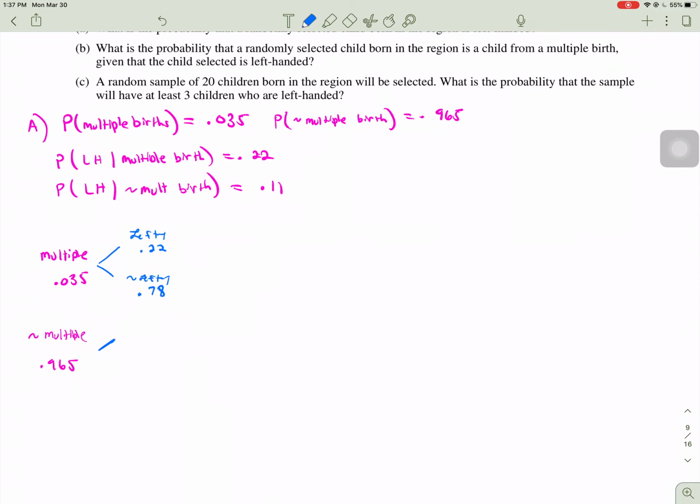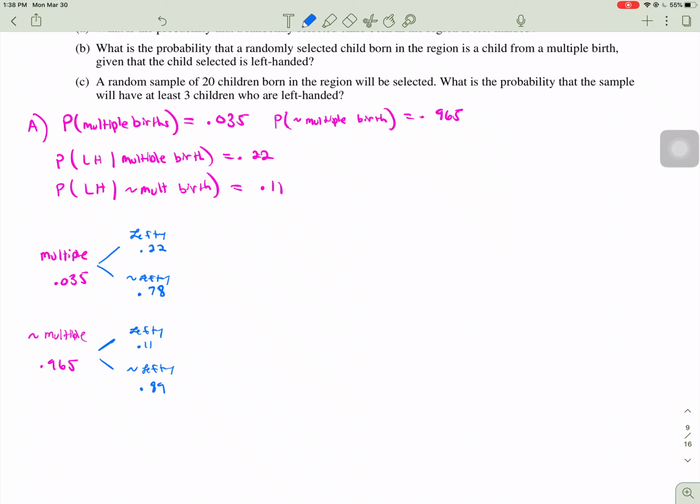If you're a single birth, the probability of lefty is going to be 0.11, and the probability of righty or not lefty, 0.89.